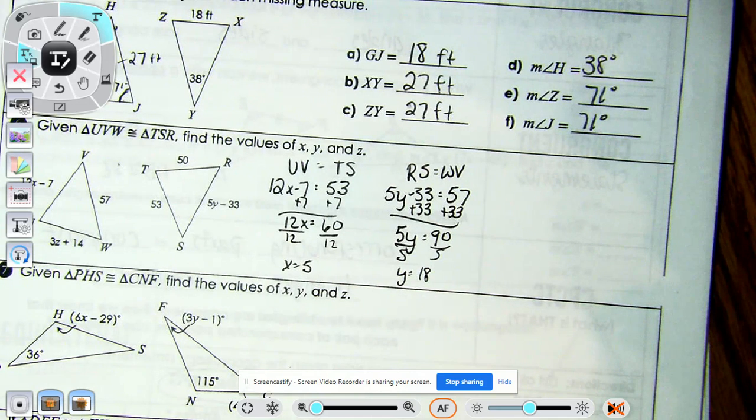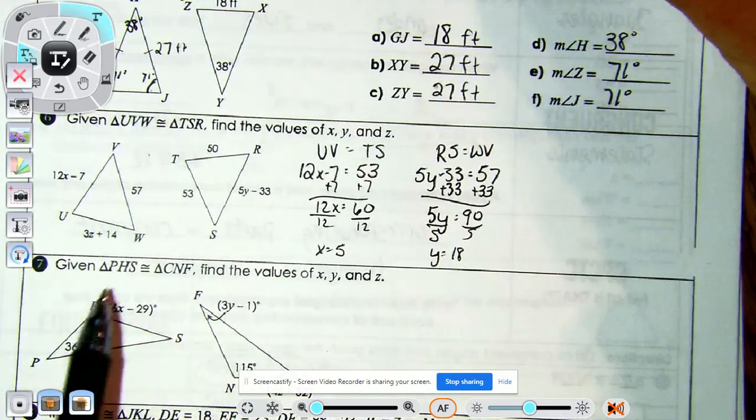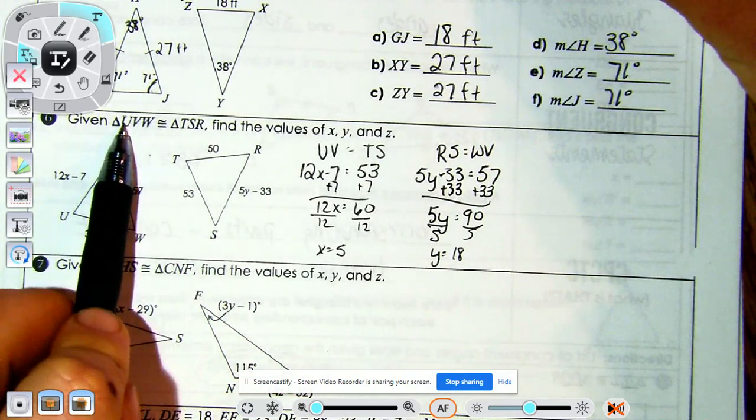Last but not least, Z. Z was a part of UW down here. So looking at my congruency statement, UW is congruent to TR.